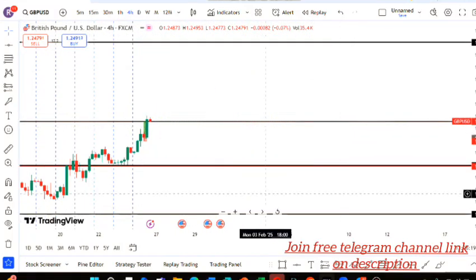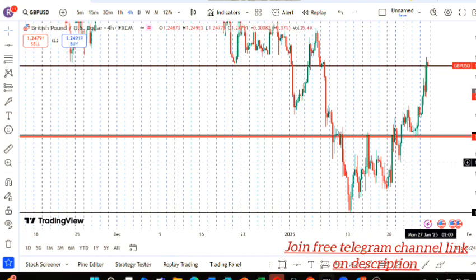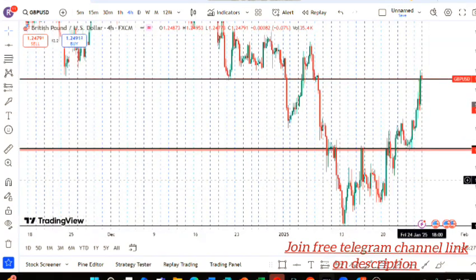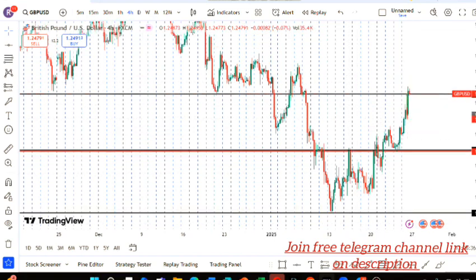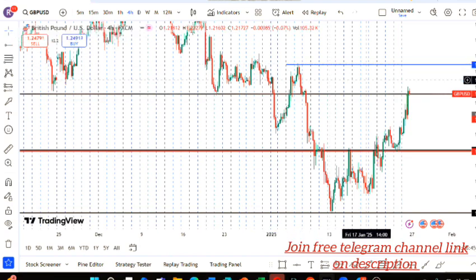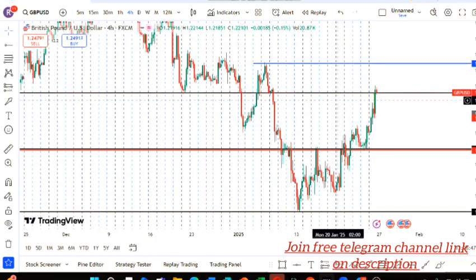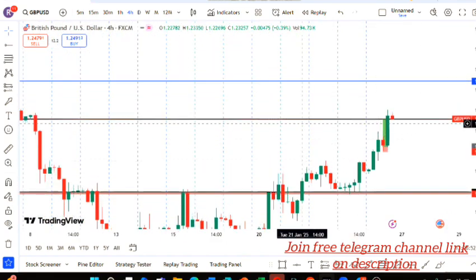But considering the 4-hour time frame, we can see just a retracement to form a lower high. It won't break this lower high. We're about to start selling this GBPUSD.